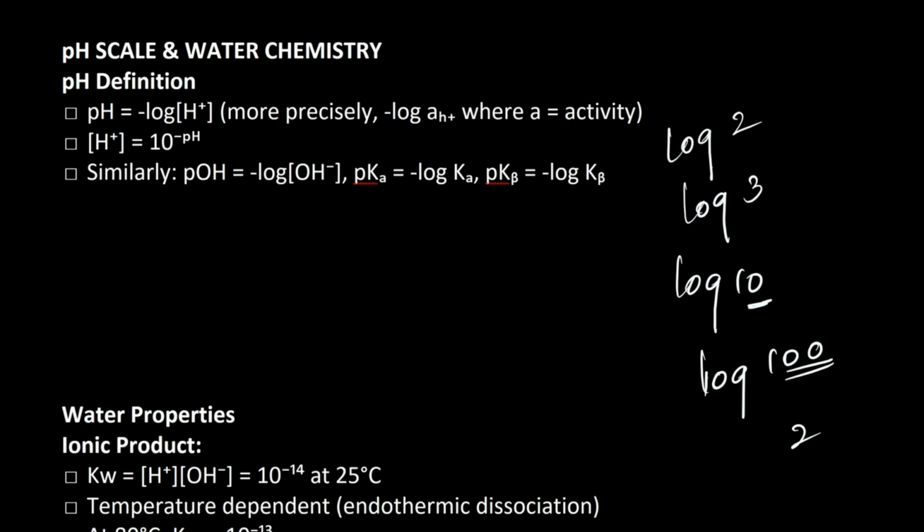Okay, so at least know these values, and if I'm having 10 to the power 3, then it has to come before the values. Okay, then pOH is the same thing. Wherever the p term comes, pKa, pH, pOH, pKb, pKw, then it always relates with the minus log of that value. Okay.